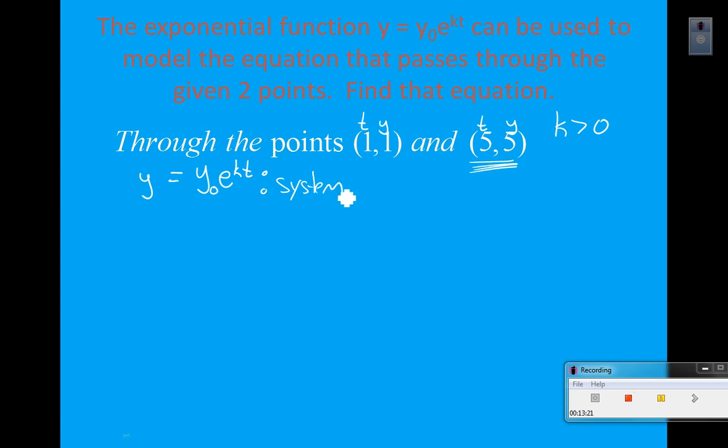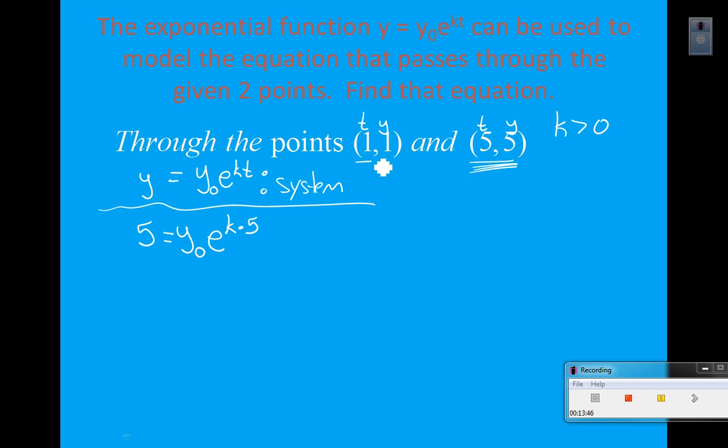You've probably never solved a system of equations like this, so I'm going to show you what it looks like. In place of y, I'm going to plug the 5. I don't know what y sub 0 is. There's an e. I don't know what k is, but I know that time is 5. Notice that I have 2 unknowns in here.